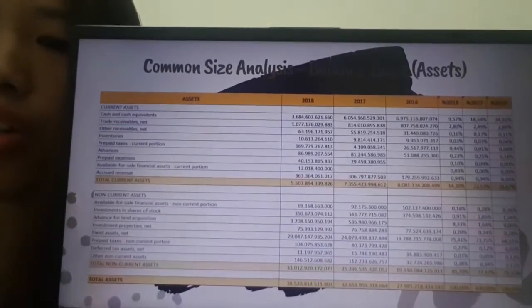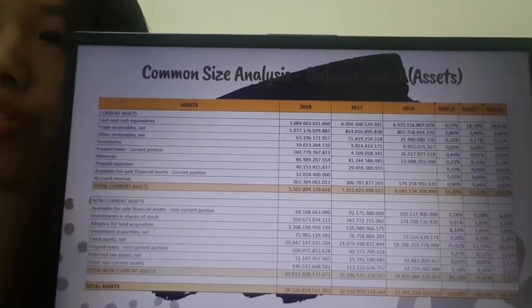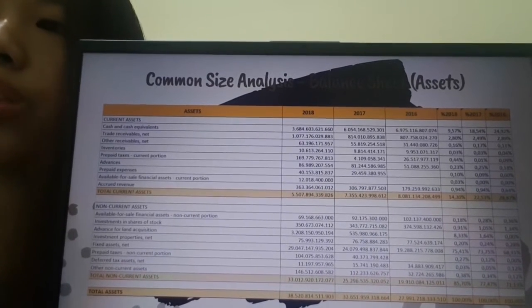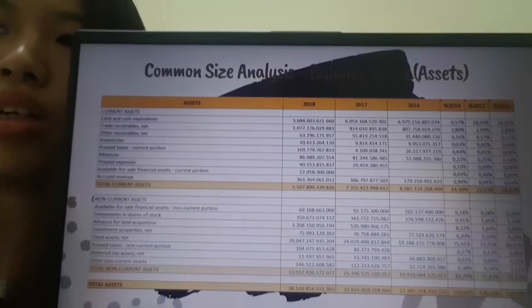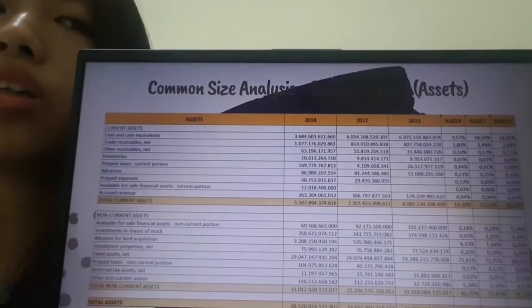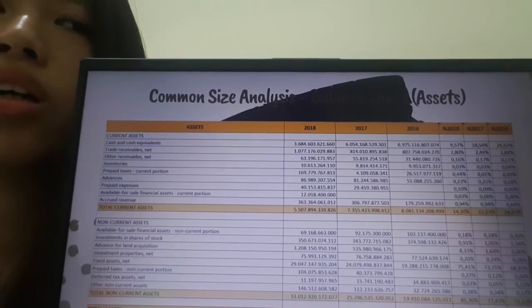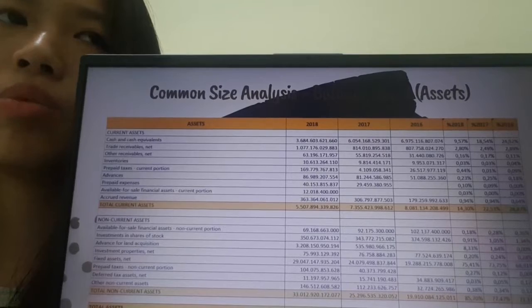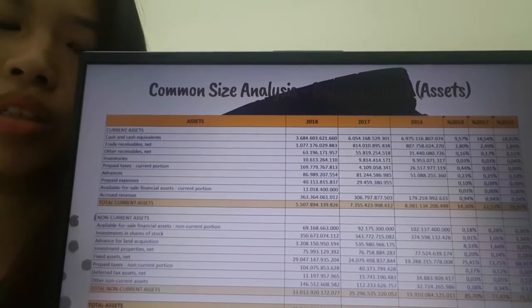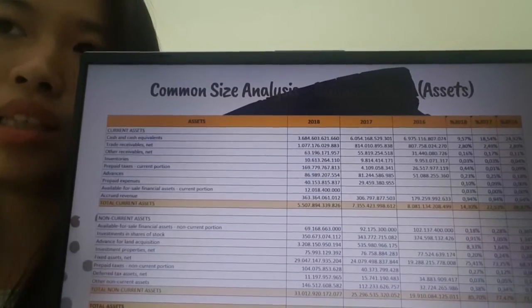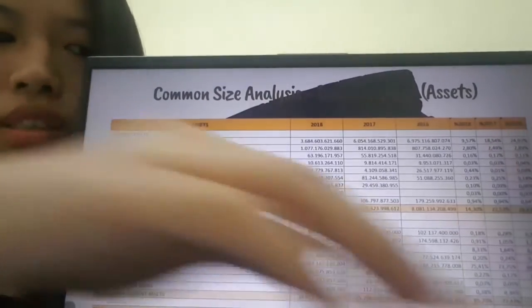And the non-current assets are increasing from 2016 to 2018, from 71% to 85%. I think it is good for the company because current assets are less profitable for the company. So it is good if they have more non-current assets than current assets.